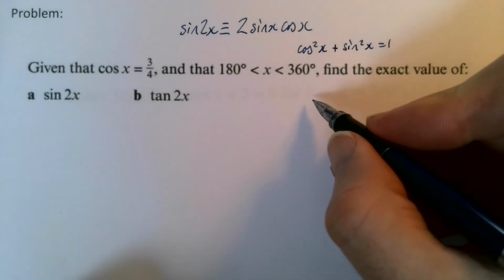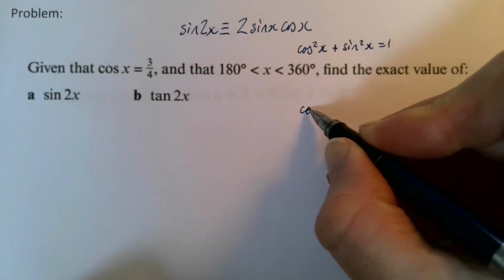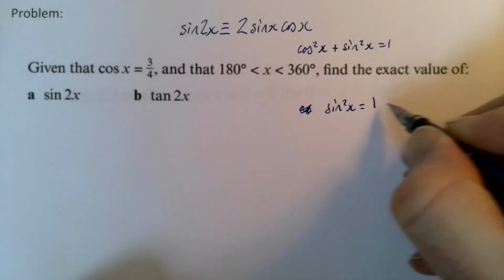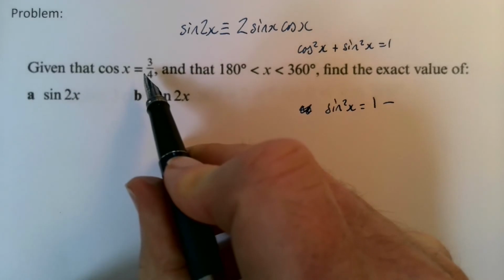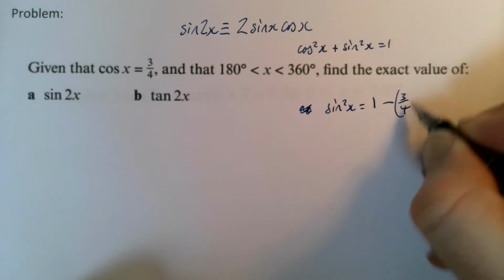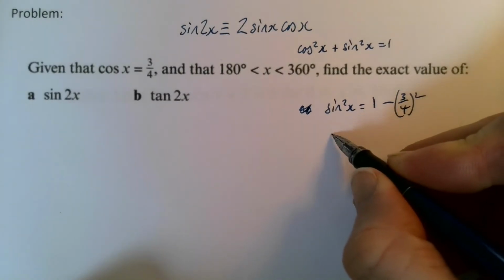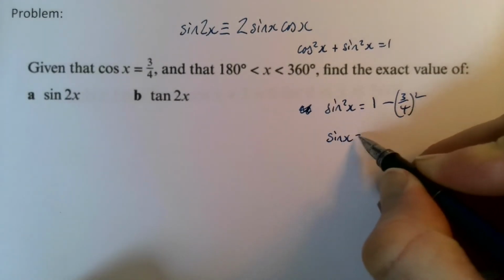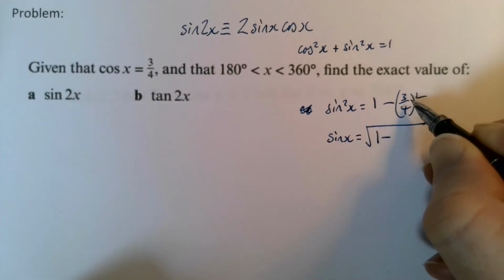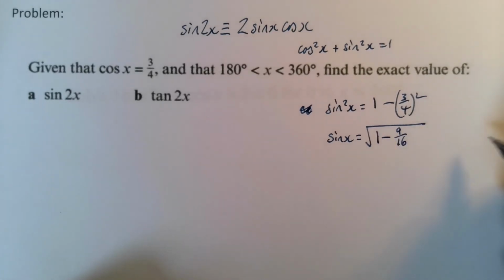And therefore, if we want to know what sine x is, sine squared x is going to be 1 take cos x squared, so cos x is 3/4, so if we square that, sine x is going to be the square root of 1 take 3 squared is 9 over 4 squared is 16.